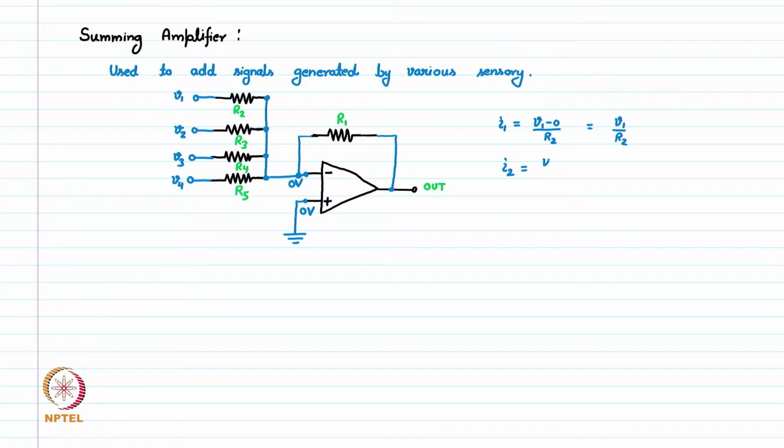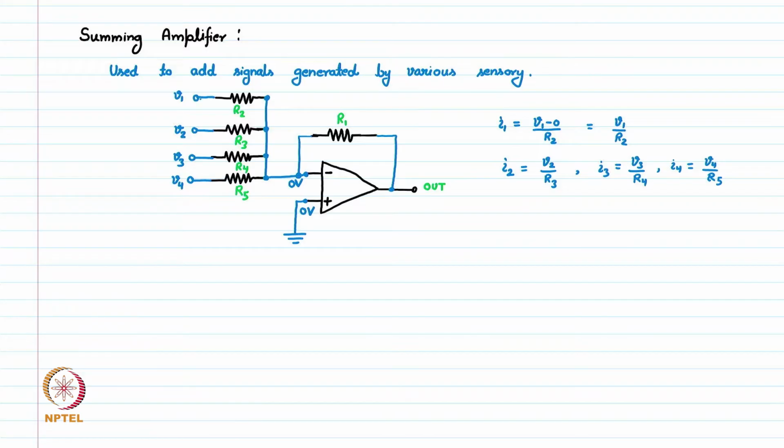So this will be V2 divided by R3 and so on. I3 will be V3 divided by R4 and I4 will be V4 divided by R5. So all these currents will be produced by these signals V1, V2, V3 coming in.